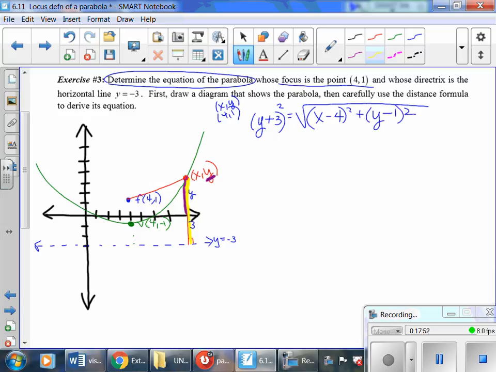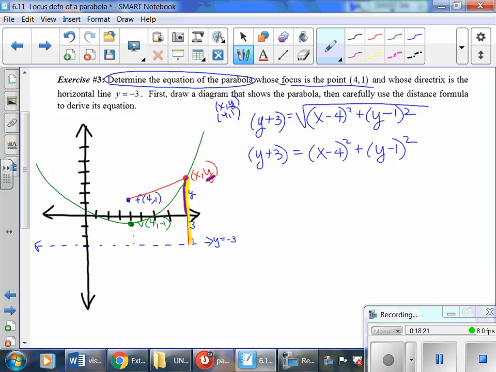Oh, I squared both sides already. No, I'm not supposed to do that. All right, so I'm sorry about that. I'm not squaring both sides yet. So it's the distance from the point to the directrix. So there, that's that vertical distance. That's the y plus 3. Now we square both sides. So sorry about that. So y plus 3 is equal to the square root of x minus 4 squared plus y minus 1 squared.